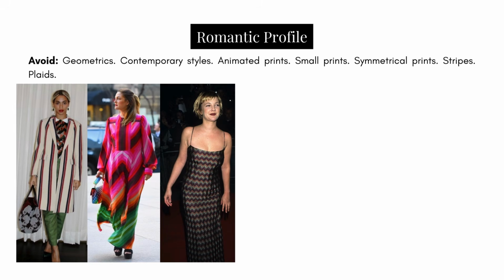And anytime you can draw it with a straight line, it's going to work against this type. You almost want to look for something that is swirly. So once it starts to swirl and you bring those circles in, it suits a romantic. But when it's very geometric and neon and contemporary in nature, then it is very detached from them. There's a juxtaposition between themselves and that sort of pattern.